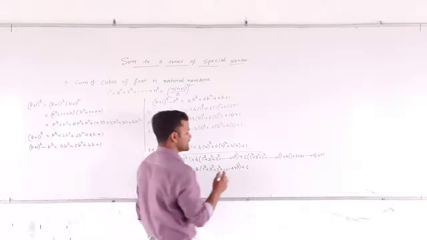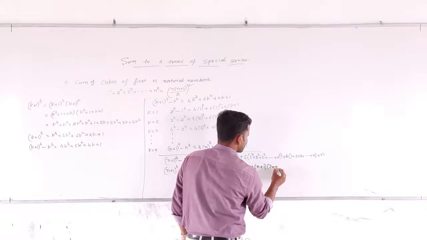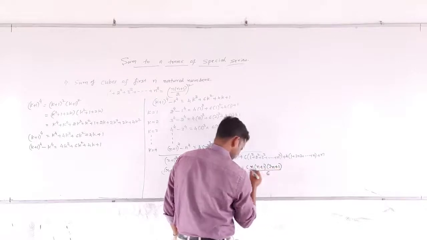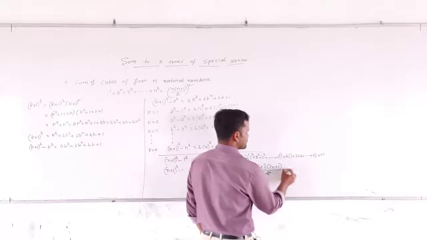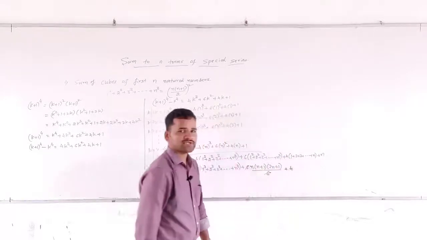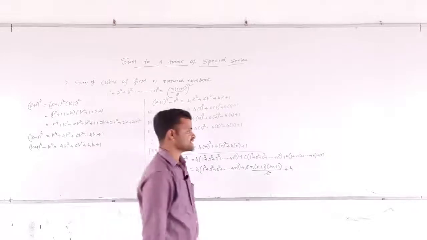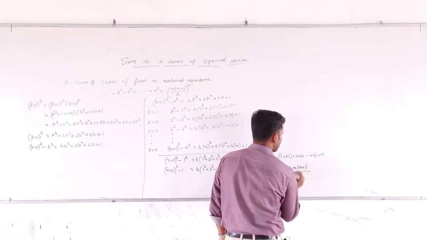We know the formula as n into (n plus 1) into (2n plus 1) divided by 6. 6 and 6 I can cancel, plus here 4 into (1 plus 2 plus 3 up to n), which is the sum of the first n natural numbers. That is nothing but n into (n plus 1) by 2.